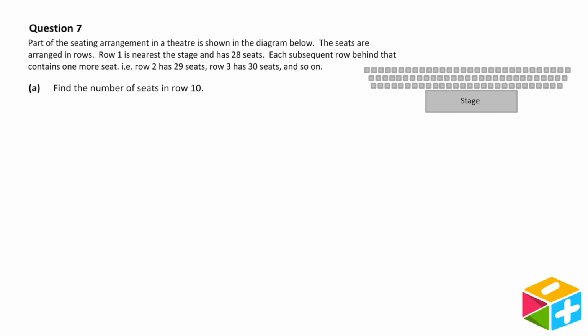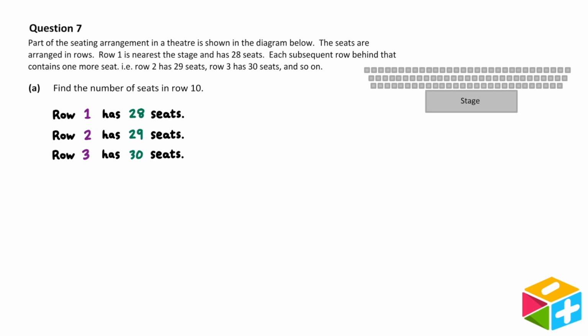We are told that each row has one extra seat compared to the row before it. Row 1 has 28 seats, row 2 has 28 plus 1, which is 29 seats, and row 3 has 29 plus 1, which is 30 seats. To find the number of seats in row 10, we can just continue this pattern all the way down.